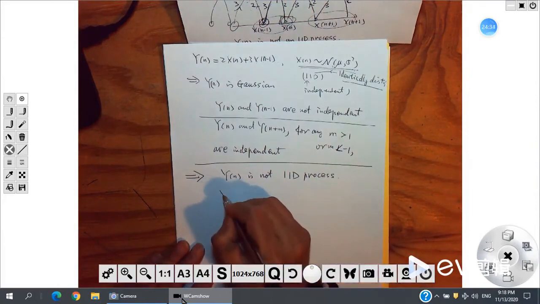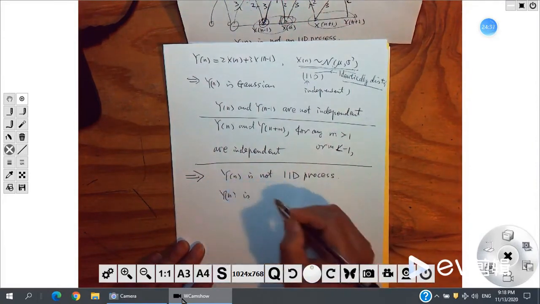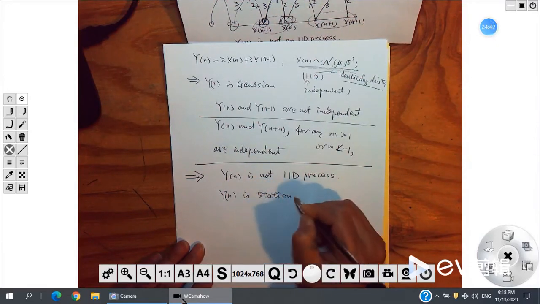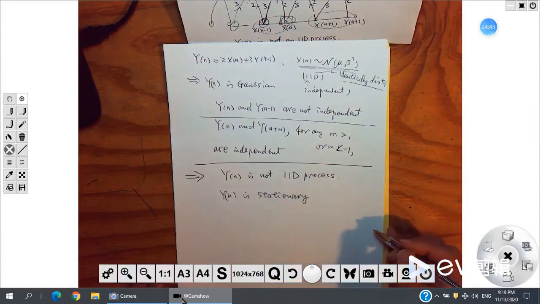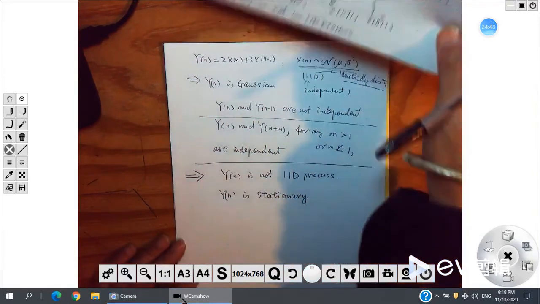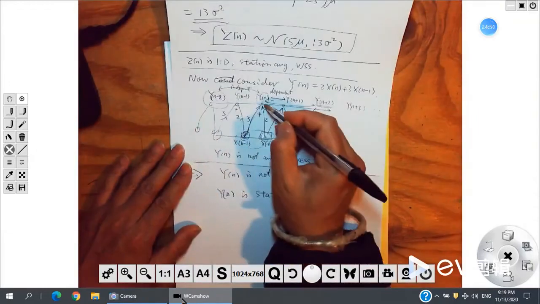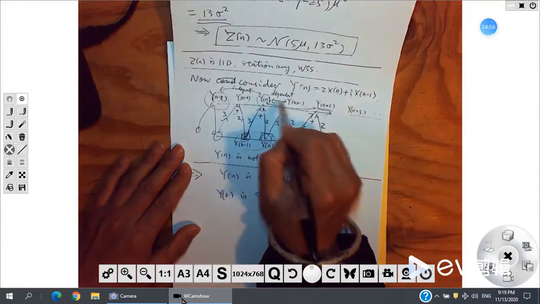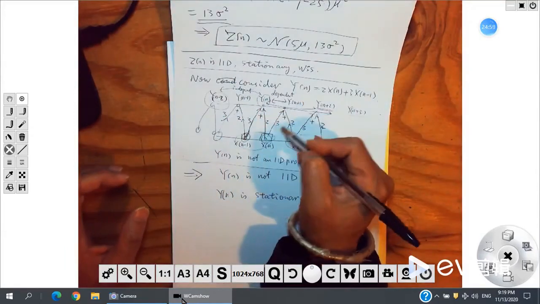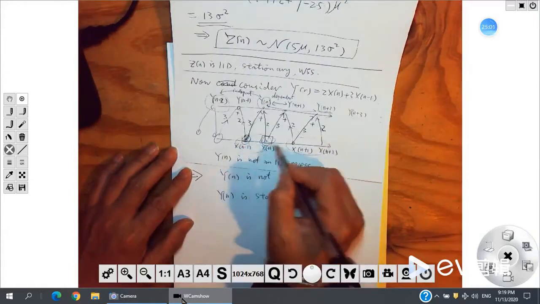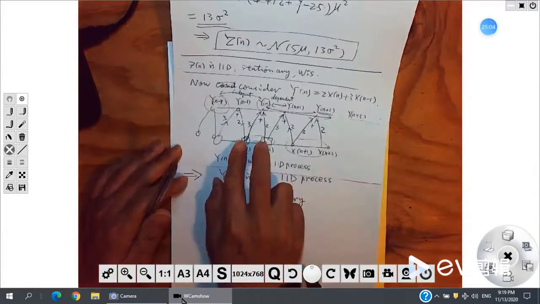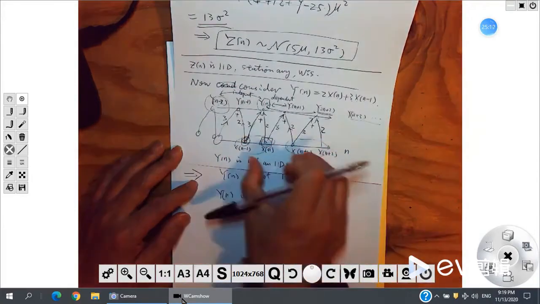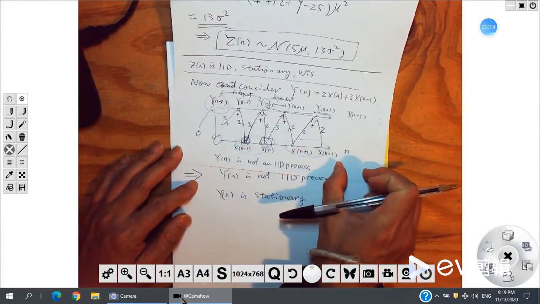But y of n is stationary. Why is it stationary? You can see the distribution of y. When you move for different n, they have the same distribution. This is for a single one. If you consider a pair of them, you pick any pair, you move it along this n-axis, the distribution should be the same.